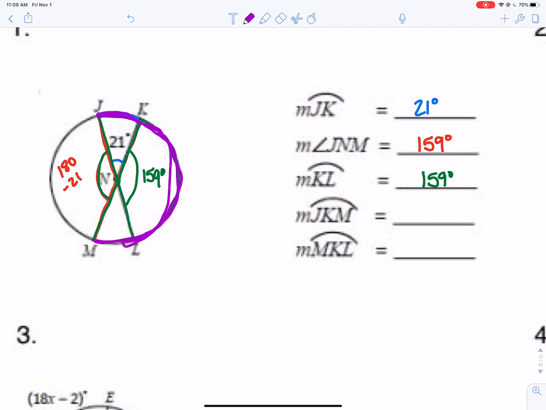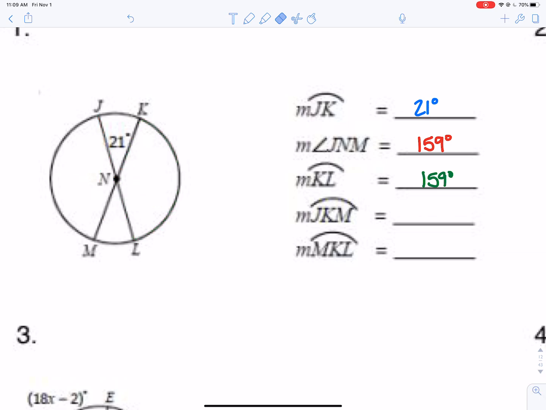You could think of it two different ways. You could say 21 plus 159, and then this one's also 21 because these are vertical angles. You could add all of those together, or you could look at it, let me erase some stuff to clear this picture up a little bit.